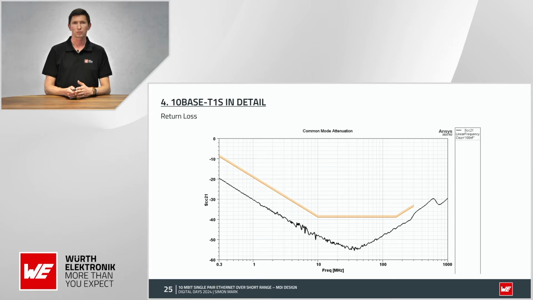And also for the common mode attenuation, we are below the limits. So in this case, you can use these values or these components to establish a very close match to the Open Alliance limits, but not to these other standards like to use this in automotive.